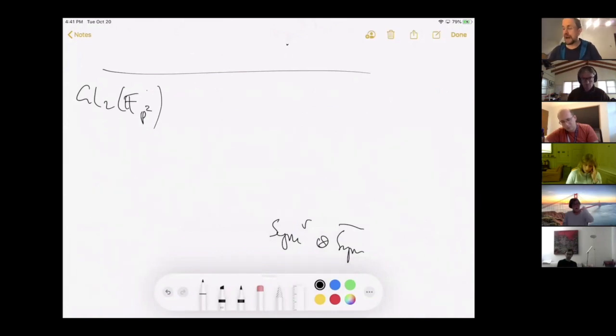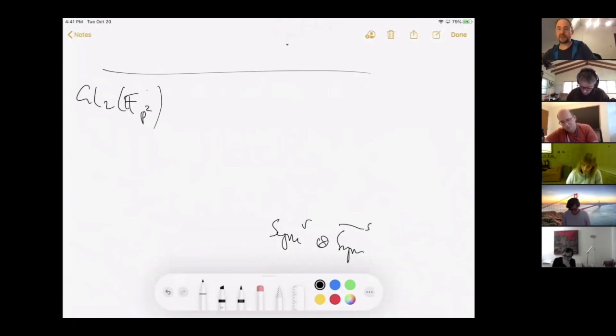And I'll write bar for the Frobenius conjugation, just to make the notation simple. Sorry, my bars are all over the place: I had a bar for algebraic closure on F_p bar, and a bar for reduction mod p, and now a bar for the conjugation action. But hopefully it's okay. So I have Sym R tensor the Frobenius twist of Sym S. That's a typical highest weight representation.